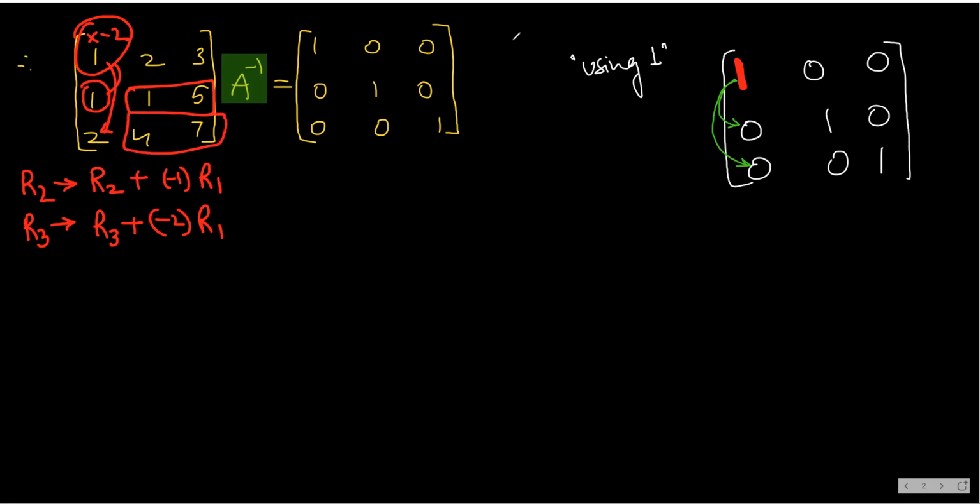You should not worry about them. You should only worry about these two elements. This is the first step. What is the first step? Get 1 here, and then using this one, get 0, get 0. Okay. So this we have done.